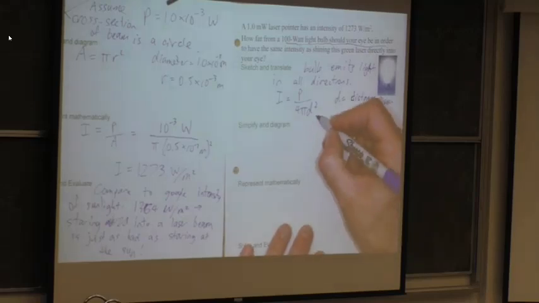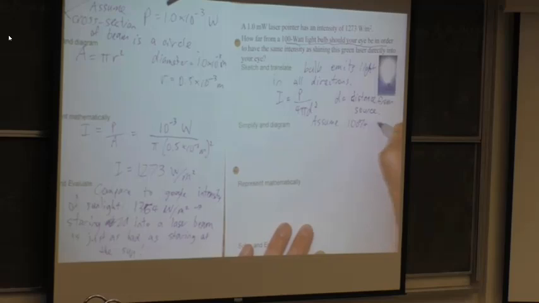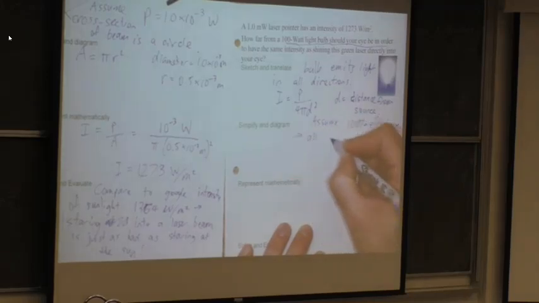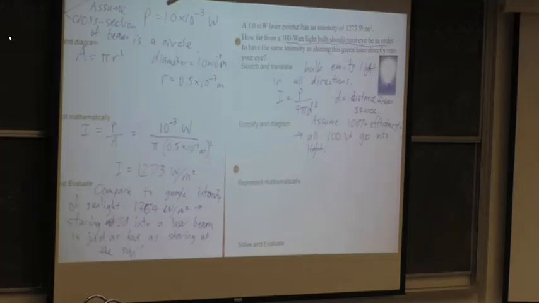I'm also going to assume 100% efficiency. So all 100 watts go into the light. And I'm going to neglect what goes into heat, right, heating up the bulb.